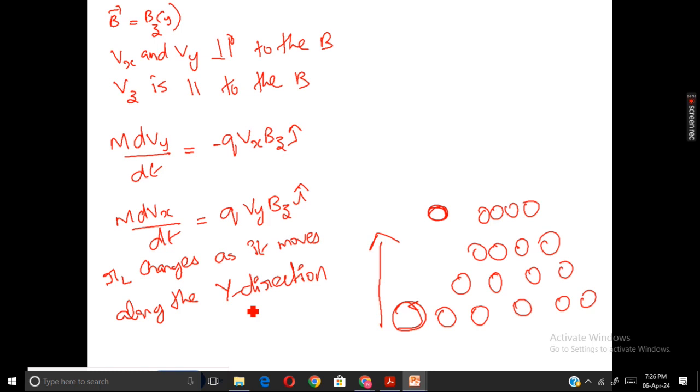So the difference in radius of gyration as it moves along the y direction creates the drift velocity.